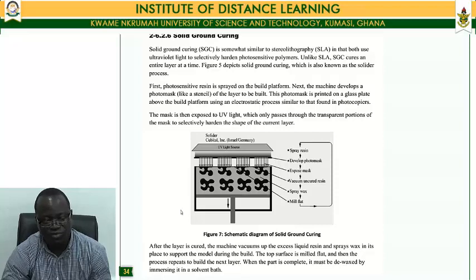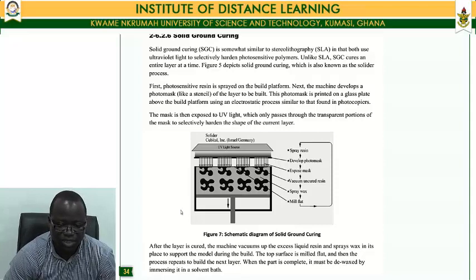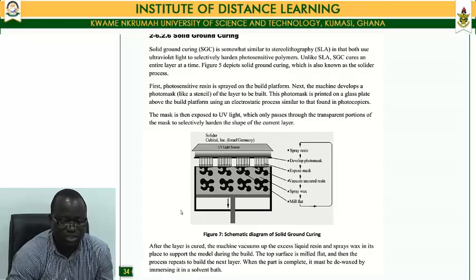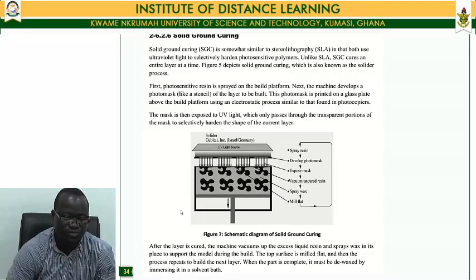You have a photosensitive resin which is sprayed onto a build platform, and then the machine develops a photo mask, like a stencil of the layer, and then that photo mask is printed on a glass plate above the build platform, using an electrostatic process similar to that found in photocopiers.